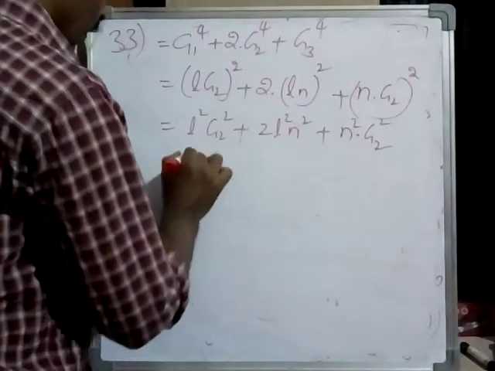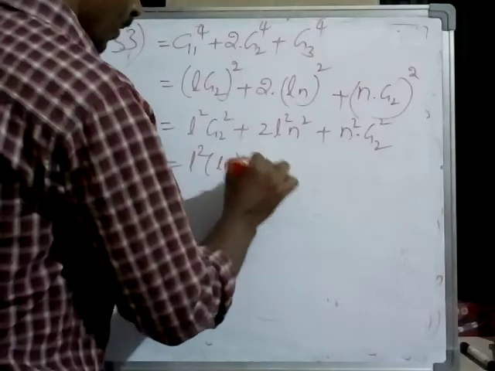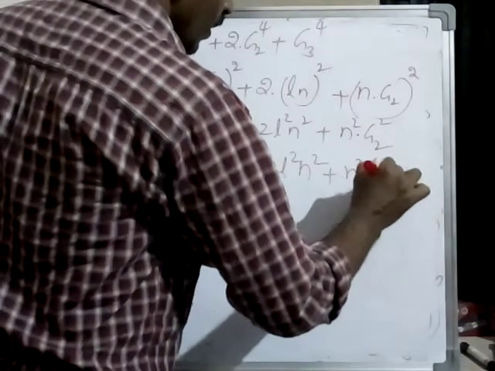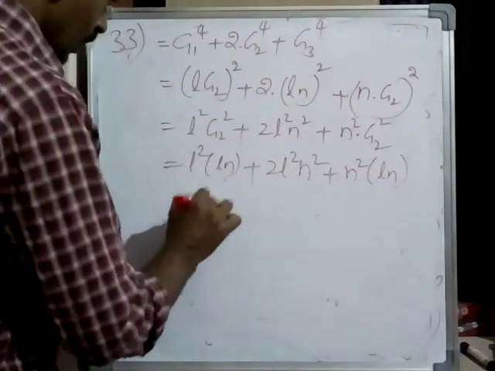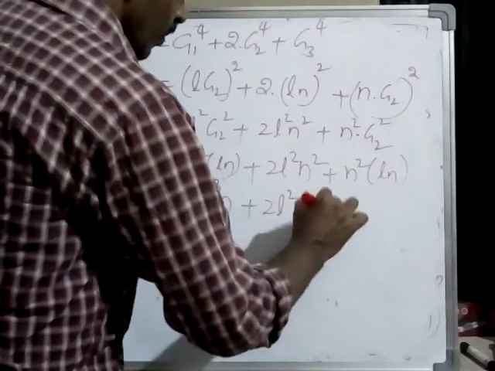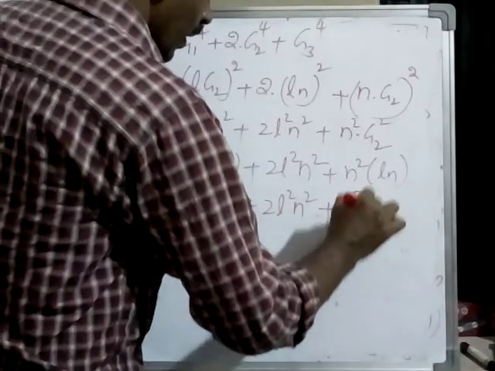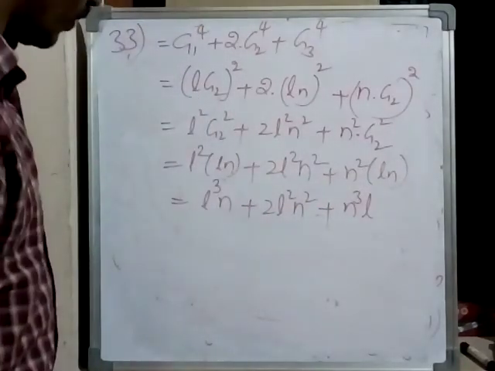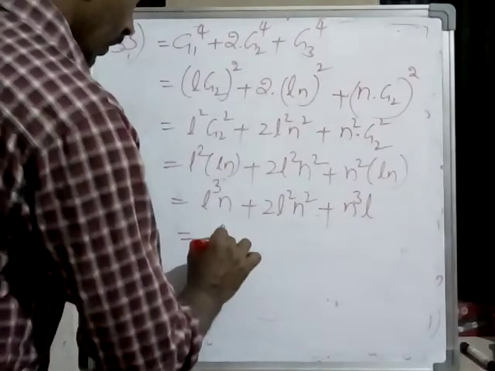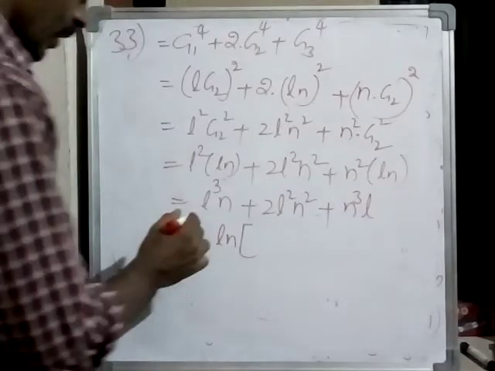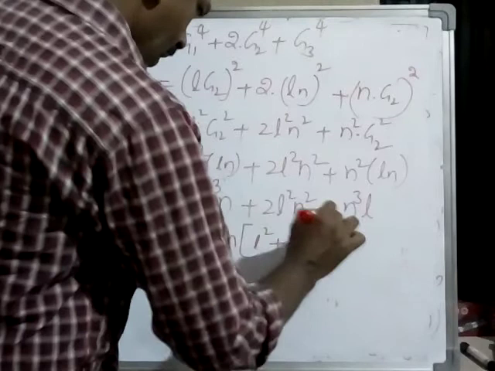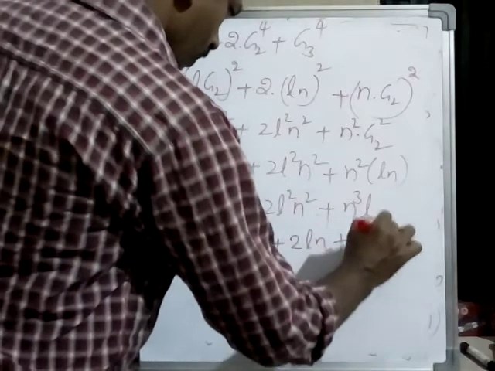So L square LN, plus 2 L square N square, plus N square LN. So L cube N plus 2 L square N square plus N cube L. Now which is common in all? LN is common. Taking LN common, we get L square plus 2LN plus N square.